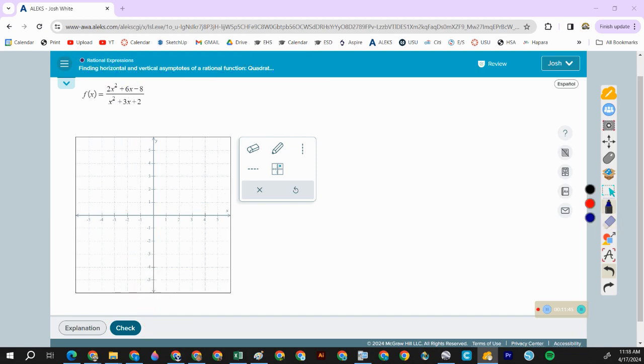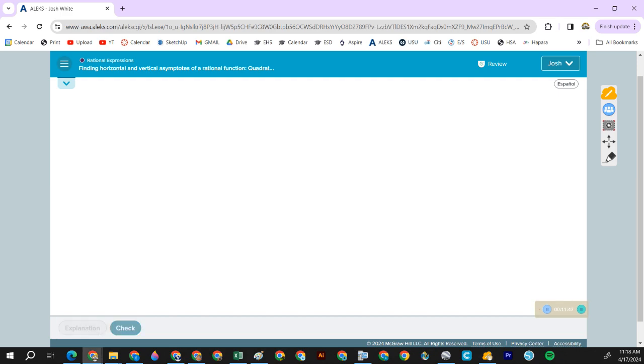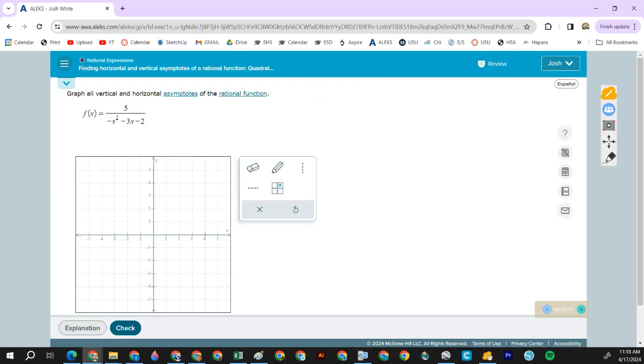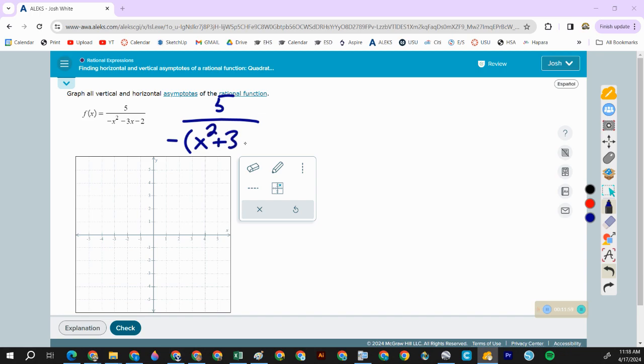All right, let's do another one. All right, so 5 over, I'm going to pull out a negative because nobody taught you how to factor with a negative out front. Okay, so 5 over x plus 2 and x plus 1.